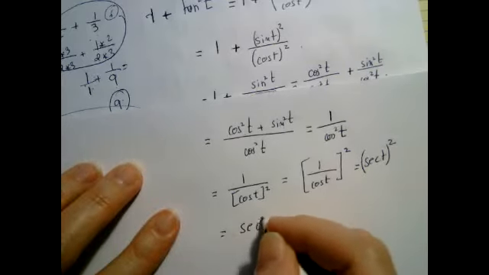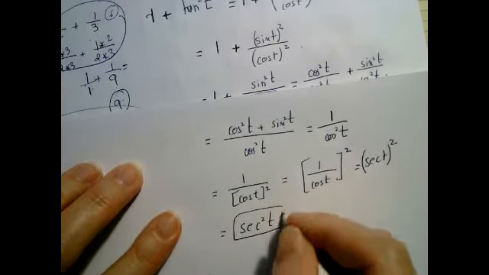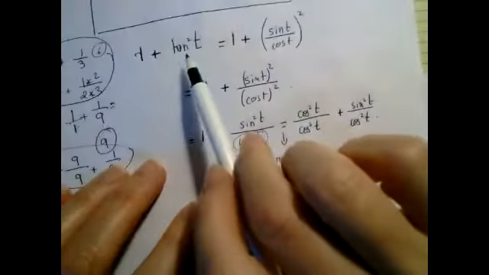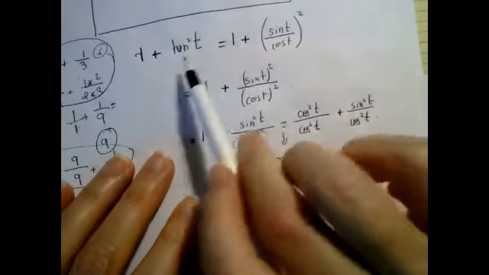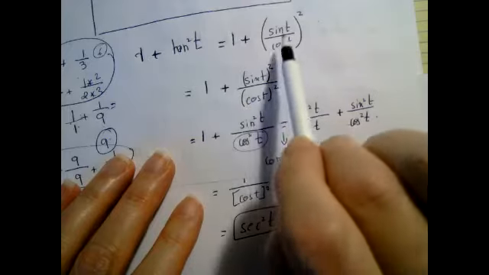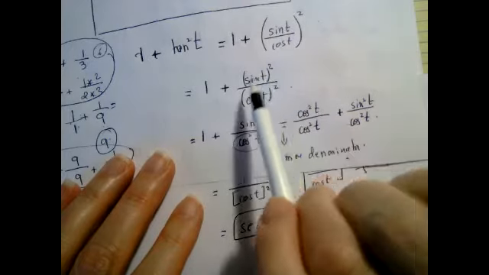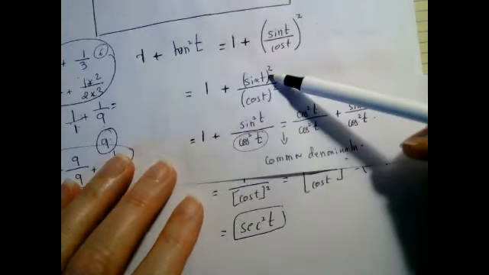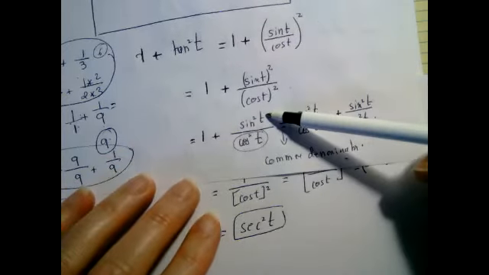It means secant squared t. All right, so let me a little bit repeat what I did. I took 1 plus tangent square, and I substituted tangent by its value in terms of sine and cosine. So I get this square. Now sine t over cosine t square, it's the numerator square over denominator square.